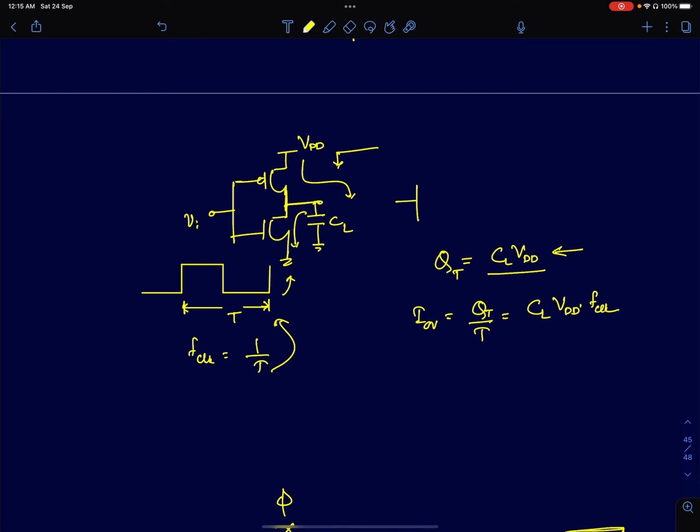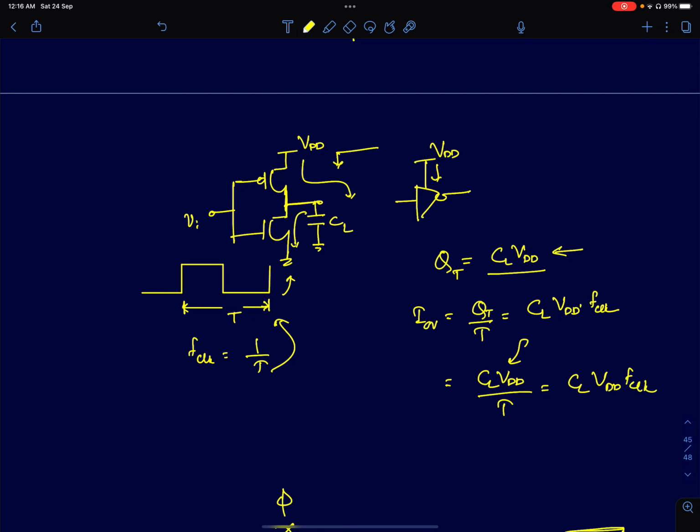If you see the CMOS inverter as a black box, then the supply will be providing an average current, which is the charge delivered by the supply per unit time. Every cycle you are delivering a charge of CL into VDD divided by the time period of the clock input. So every T seconds you're delivering CL into VDD amount of charge from the supply to this capacitor. That gives me the average current, which is also given by CL VDD into f clock.